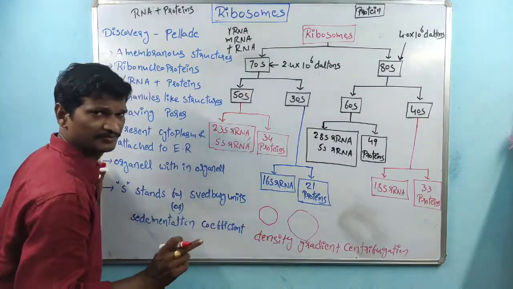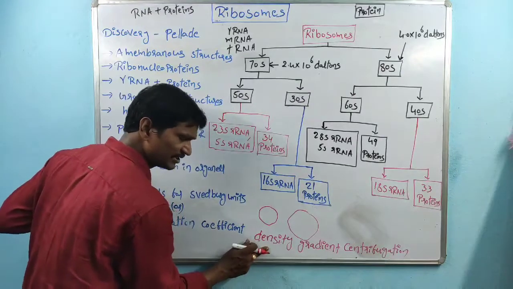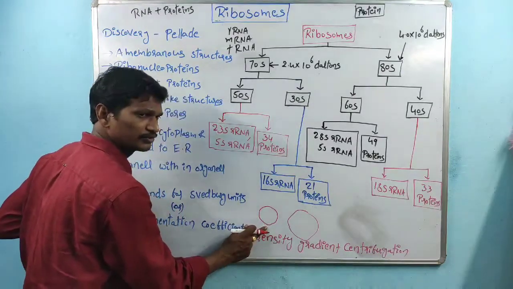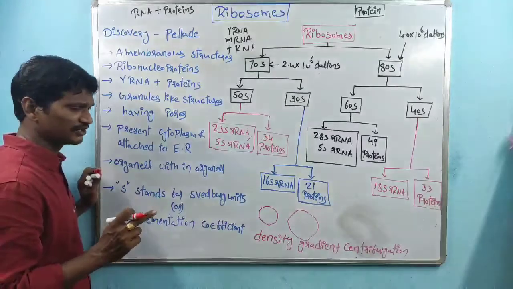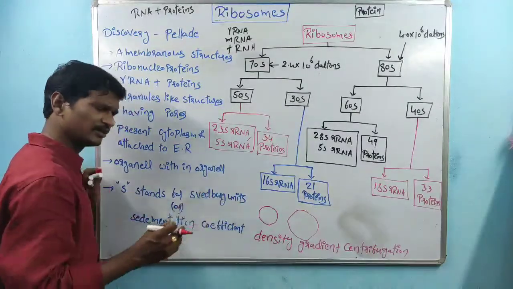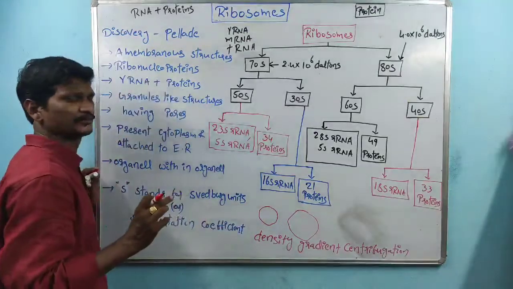This is one of the techniques. By the usage of this technique, we separate the molecules based on size and shape. Density is also there, but majorly size and shape.